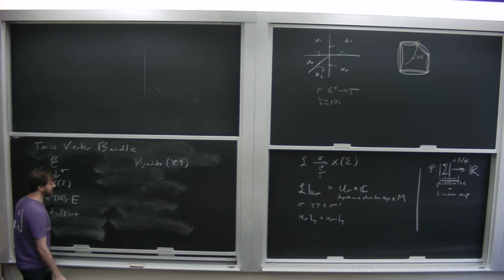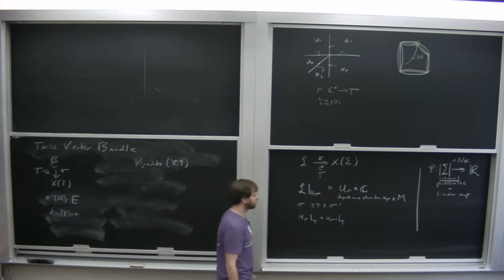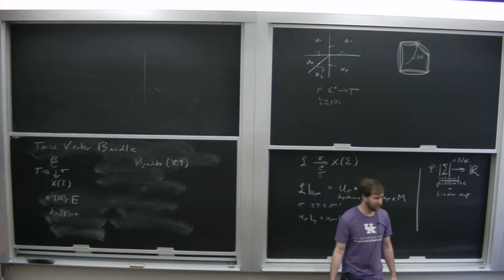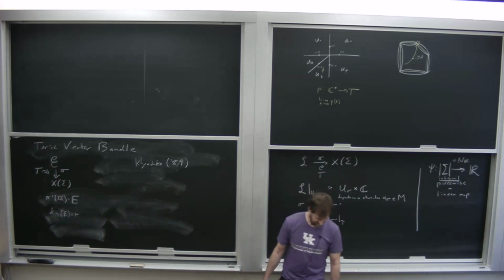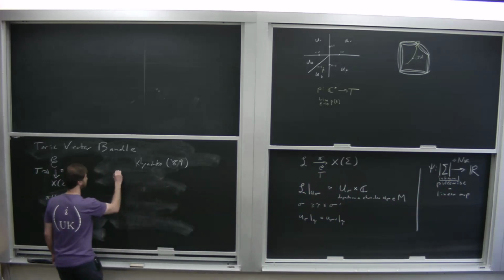Klyachko came along later. I believe his main interest was the Horn conjecture, which he didn't ultimately use toric vector bundles to prove, but that was kind of his entry point. So here's what Klyachko says.